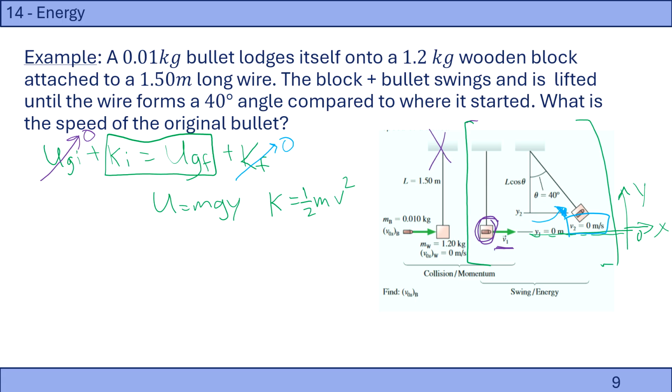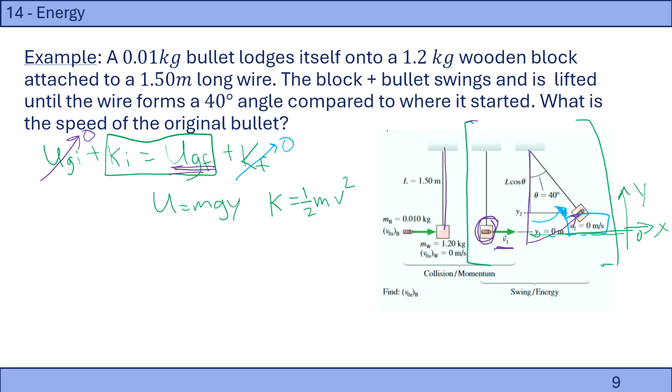But we do need to find, I guess the starting point here is to find UGF, okay? Because I have no way of knowing that initial velocity, but I do have a way of finding the final y value, and that is by using the information given with respect to the rope. The rope is 1.2 meters long, and then it goes to a 40-degree angle and is lifted in the air.